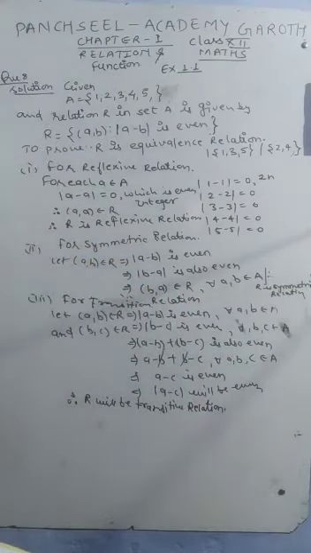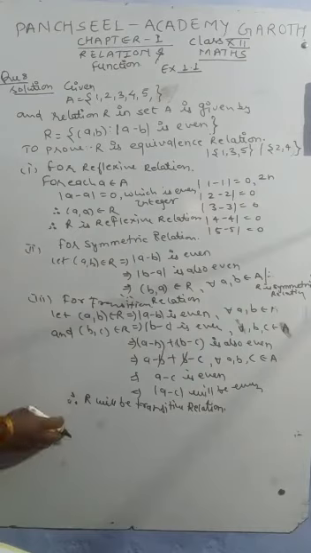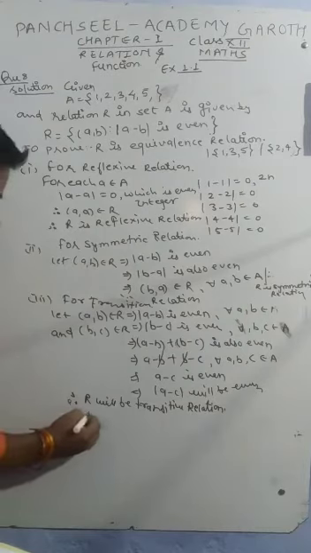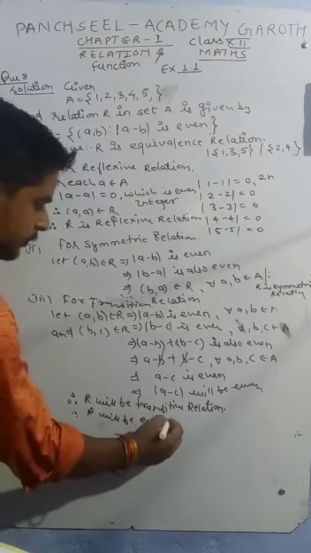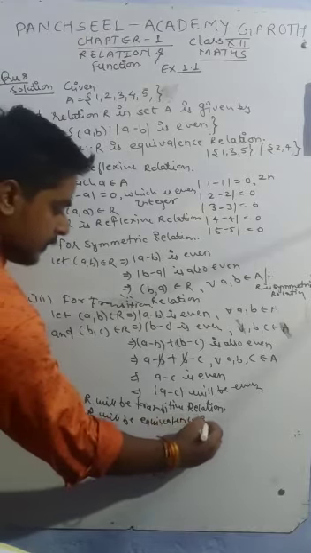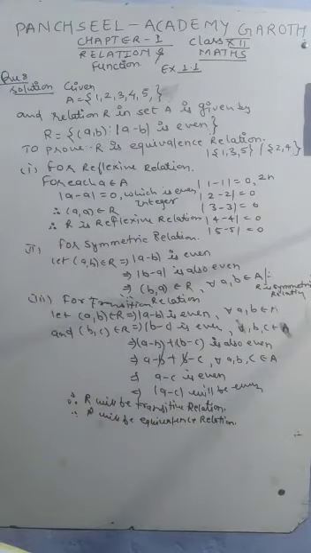If any relation is reflexive, symmetric and transitive, then obviously we can say that it is also an equivalence relation. Therefore, we can conclude that R will be an equivalence relation. It is proved here. Okay.